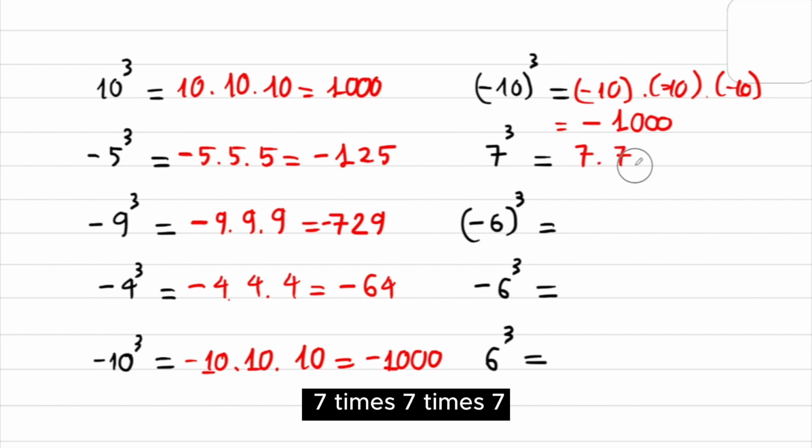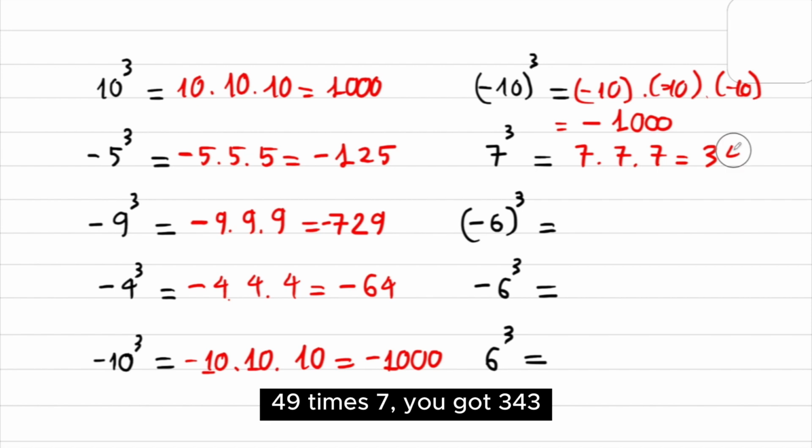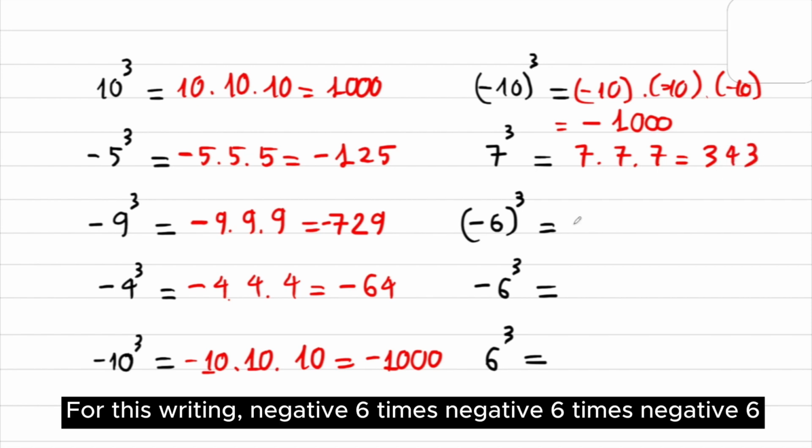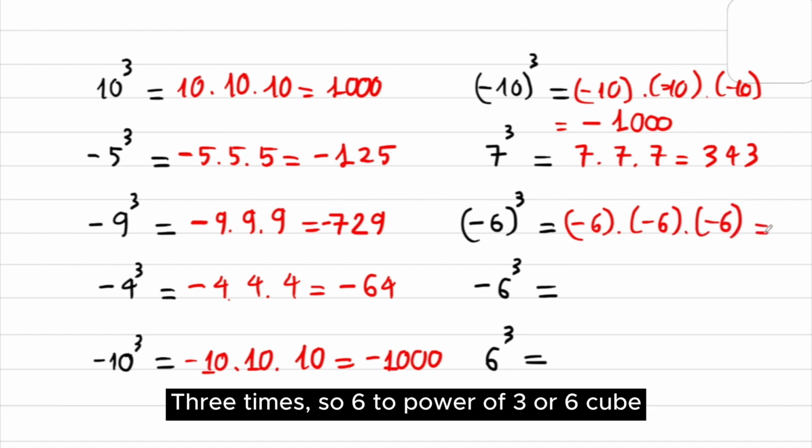7 times 7 times 7. 7 times 7 is 49. 49 times 7, you got 343. Yep, for this writing, negative 6 times negative 6 times negative 6, 3 times.